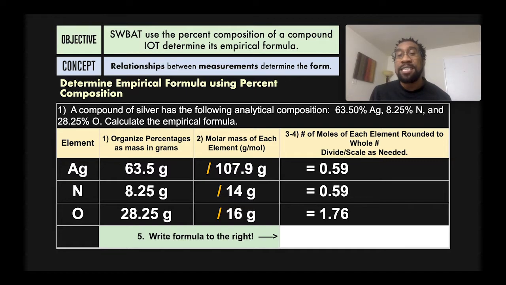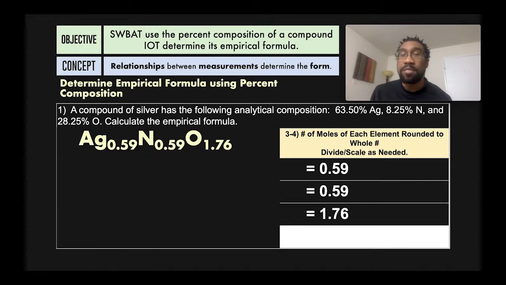Well, just like with C6H12O6, we assume that there was a common denominator of 6. So if we set this up as a formula, Ag0.59, N0.59, and O1.76, we can set this up as a theoretical formula. And we can actually assume that there has to be some type of common factor between all of these.